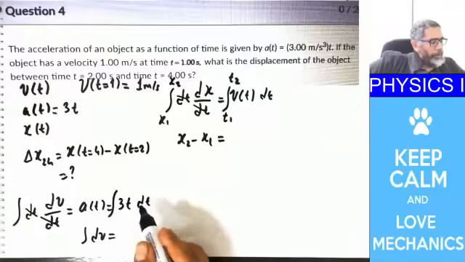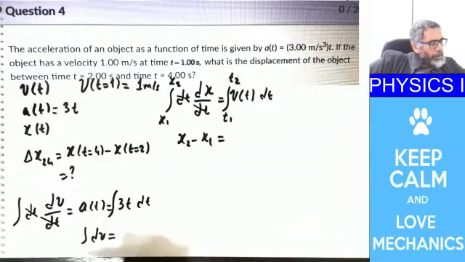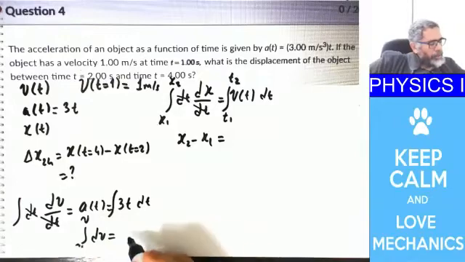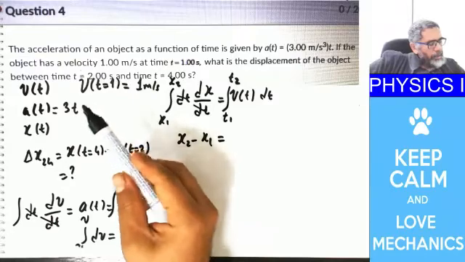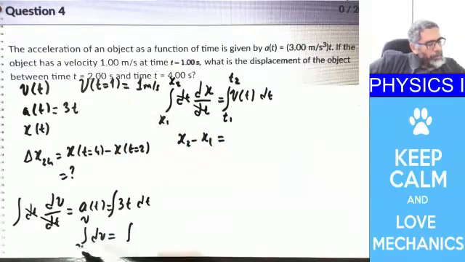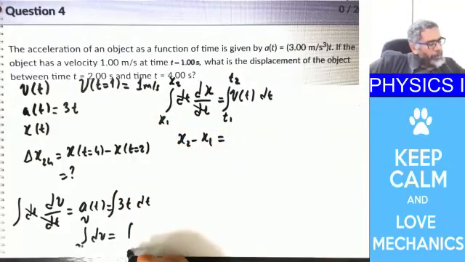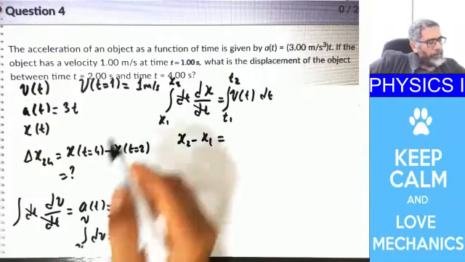Okay, but we have to put the limits. The lower limit is v1, the upper limit is v, which is unknown, and since the velocity is given at time t equals 1, we put 1 over here, because at t equals 1 second, the velocity is v equals v1, which is 1 meter per second.